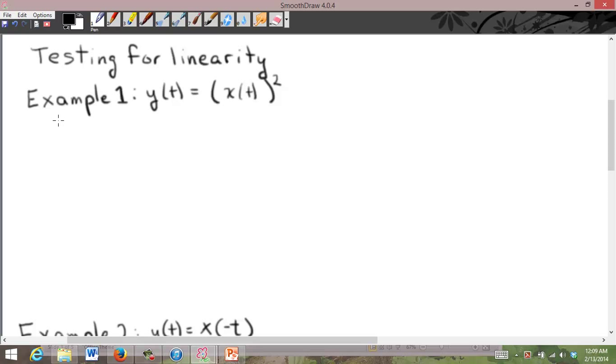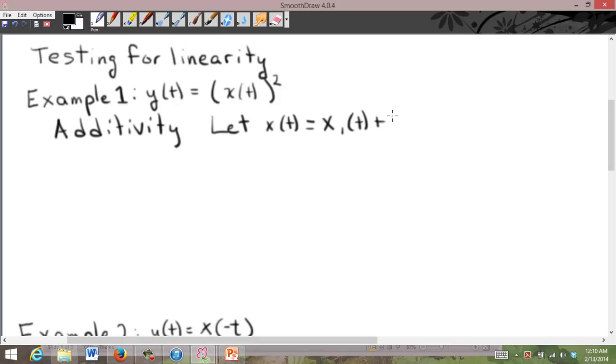The first one is additivity, and for that you can say that you let x of t equal the sum of x1 of t plus x2 of t.